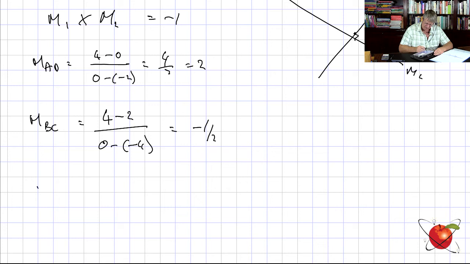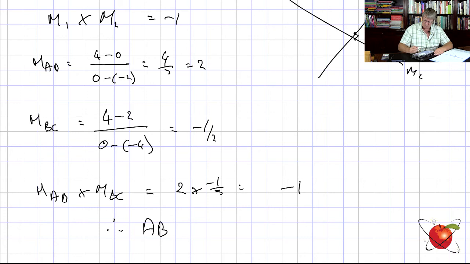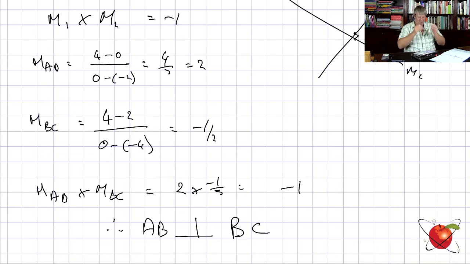Therefore, the gradient of AB times the gradient of BC is 2 times minus a half, which is minus 1. Therefore AB is orthogonal to BC. So that is using the gradients.